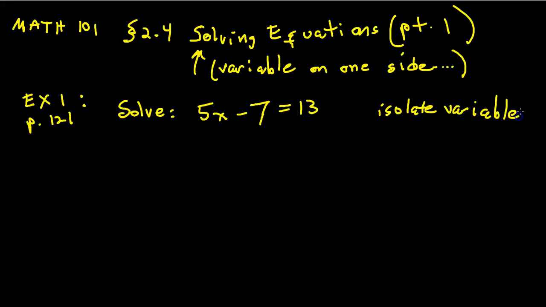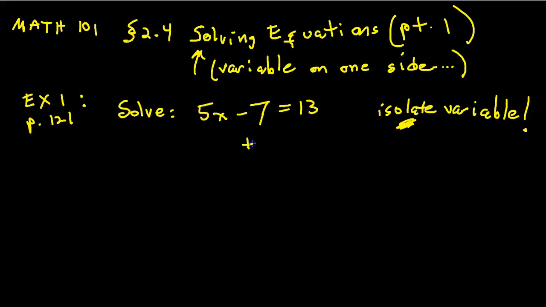The variable is only existing on one side of the equation, so if I can do algebra-type things, meaning add, subtract, multiply, divide both sides of the equation through by factors of interest, I should be able to isolate my variable, get the variable on one side of the equation, and get a number or value on the other side, hence solving for a particular value of x or whatever value you're solving for.